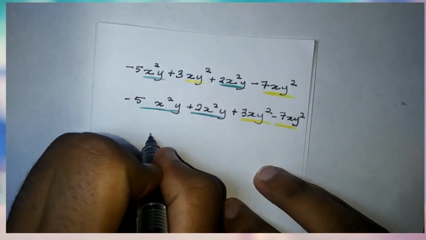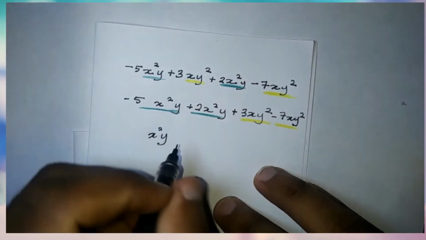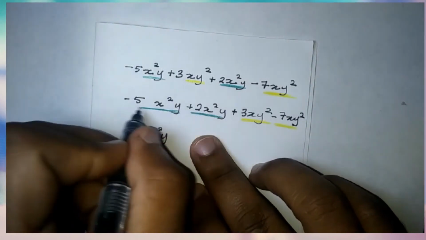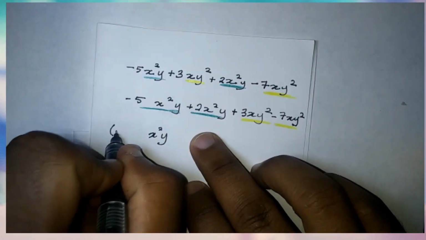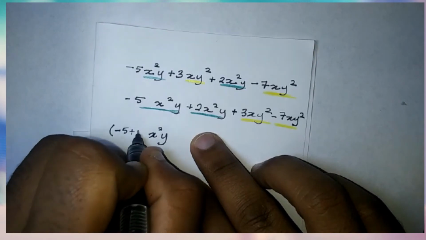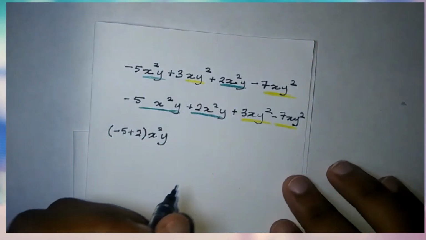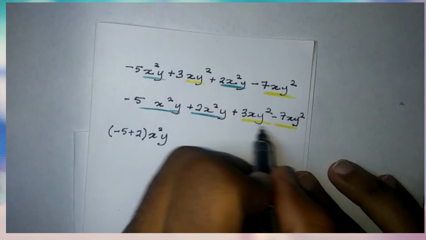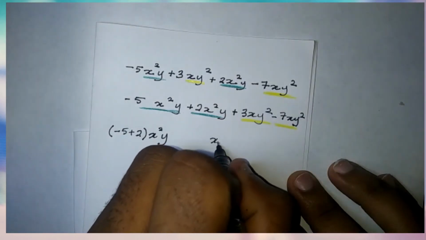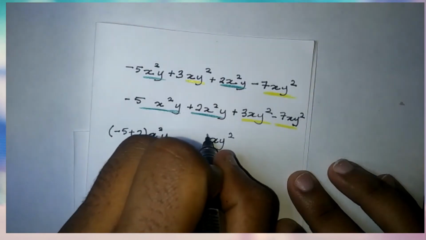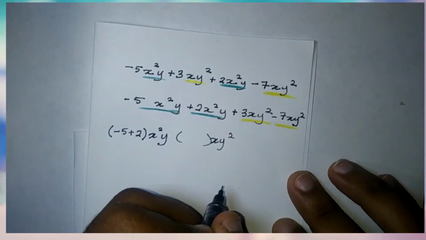So I'm going to write up my x squared y, and I'm going to deal with these coefficients. I'm putting them in brackets. Minus 5 plus 2. Then with this side now, my variables are x, y squared, and I'm dealing with my coefficients in brackets.